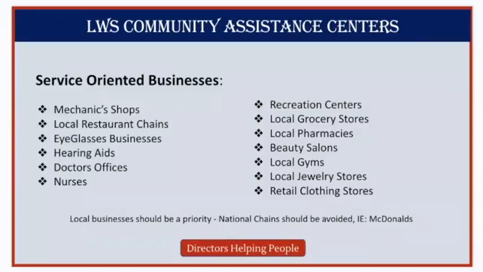I think the national chains should be avoided, because if we have problems in society, you've got the Coca-Cola and the other kinds of companies that are going to try and do, those are cabal-oriented businesses or sponsored or run businesses, the national ones.